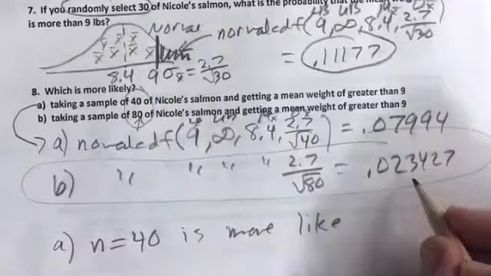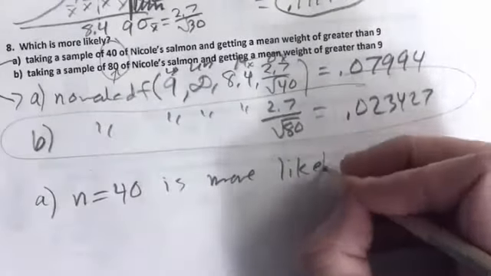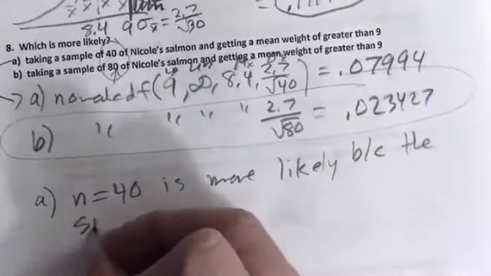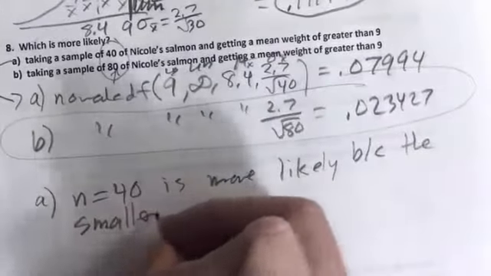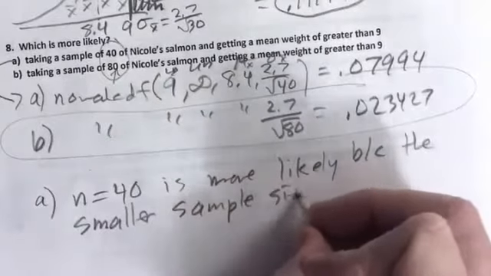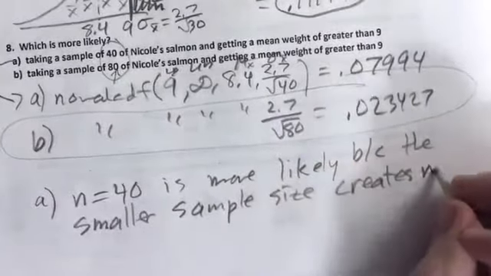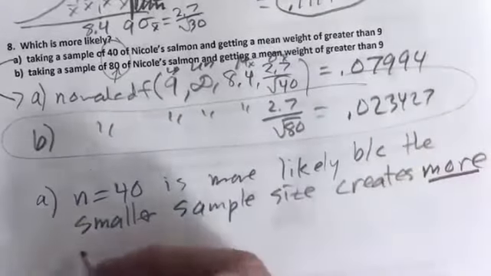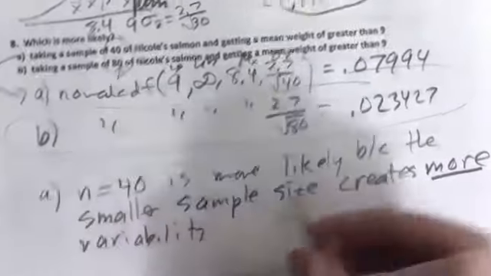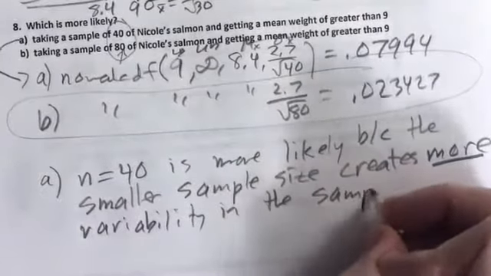There's about an 8% chance, only a 2% chance with a sample size of 80, because the smaller sample size creates more variability in the sampling distribution.